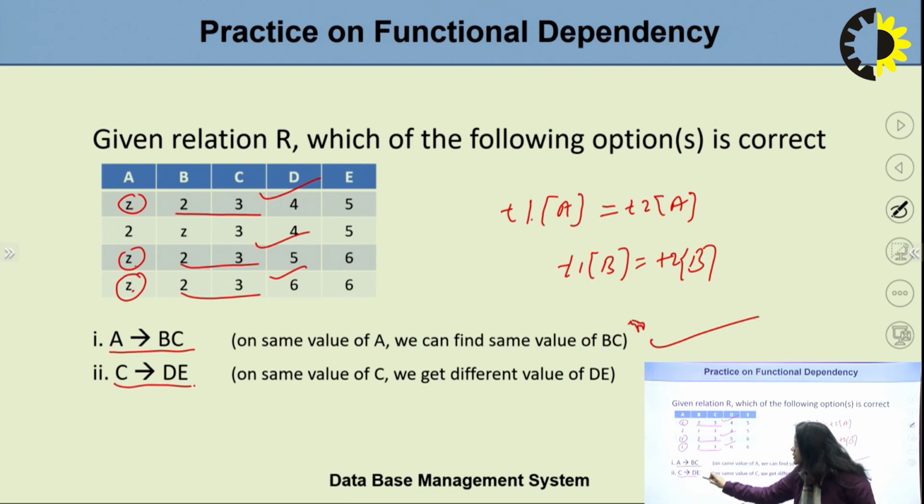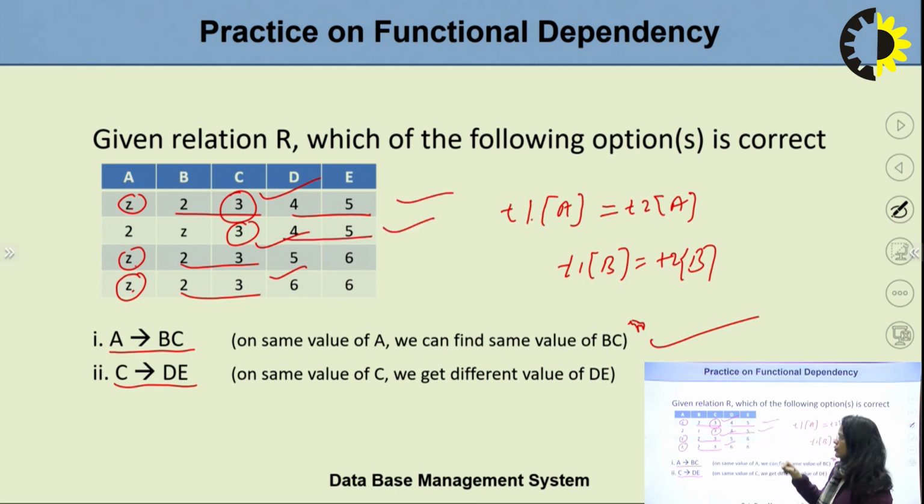Let's check this C tends to DE. So does this functional dependency hold or not, right? So we can check for the first tuple, the value of C is 3 and DE is 4, 5. So for this 3, we should get 4, 5 in each and every tuple. Here we find C is 3, and here we find 4, 5.